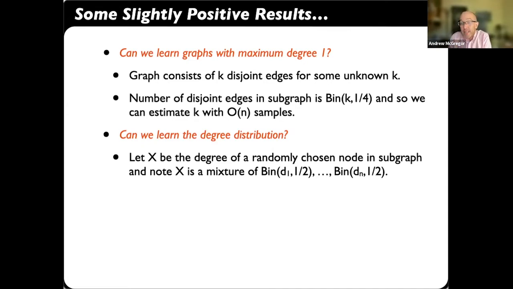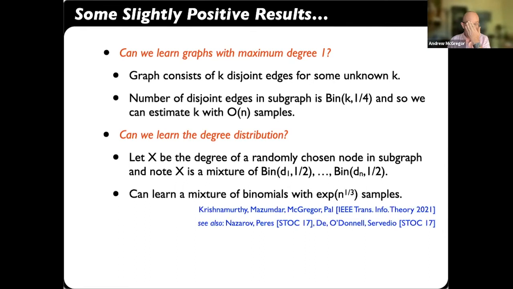Well, that's actually the same process as having n different binomial distributions with parameters (d1, .5), (d2, .5), up to (dn, .5), drawing one of them uniformly at random, and giving back a sample from that distribution. And it's possible to show that you can learn a binomial distribution in exponential in n to the third samples. And I'll talk a little bit about that in a second. Okay, so as I said, for arbitrary graphs, most of the news is bad.